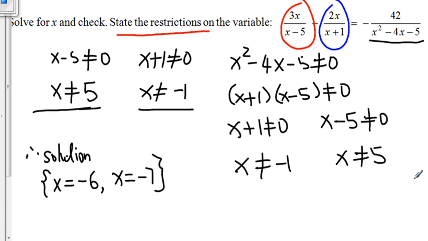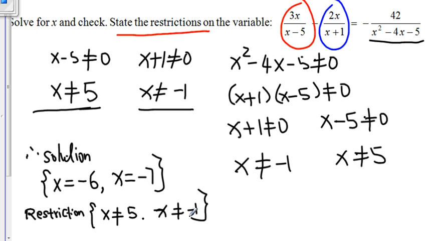Since they are repeated, we are not going to write it one more time. Maybe you can write it down. Restrictions: x cannot equal 5, x cannot equal negative 1. Okay, that's it.